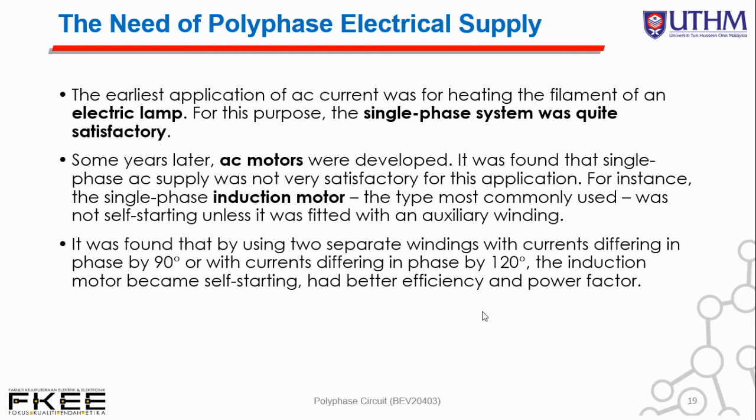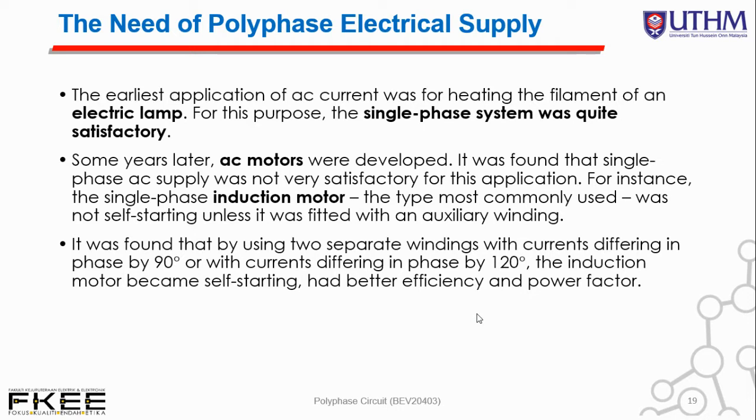And then it was found that by using two separate windings with currents differing in phase by 90 degrees, or with currents differing in phase by 120 degrees, the induction motor became self-starting, with better efficiency and power factor. So this is the more interesting part of the AC motor.